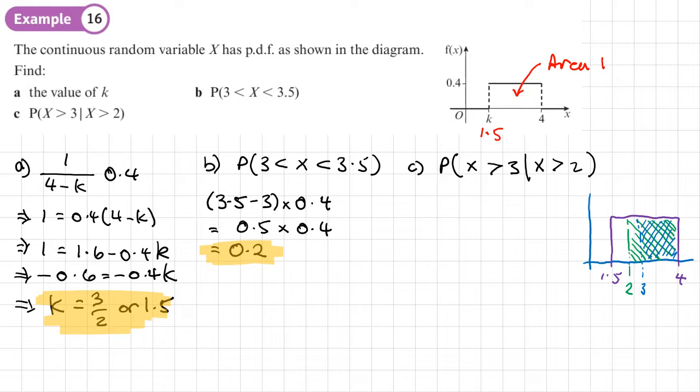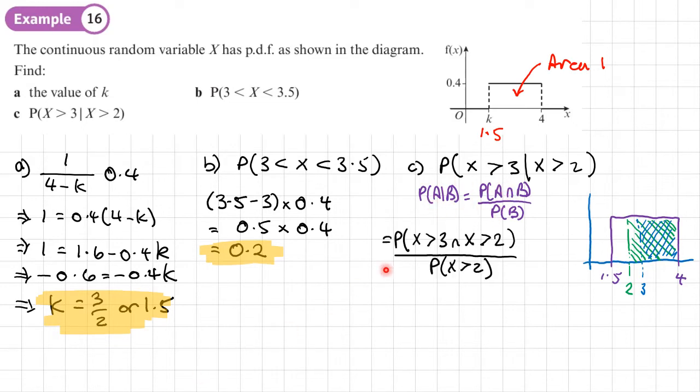Now, if we were to use the formula for conditional probability, which is this here, then the conditional probability formula will become this, just making this part A and this part B. But actually trying to use the formula like this, it may be difficult to work out what the top part is. But as we said, basically it's how much of x is greater than 3 is in x is greater than 2, and all of x is greater than 3 is in x is greater than 2. So the top part just becomes this. It's all of the probability that x is greater than 3.